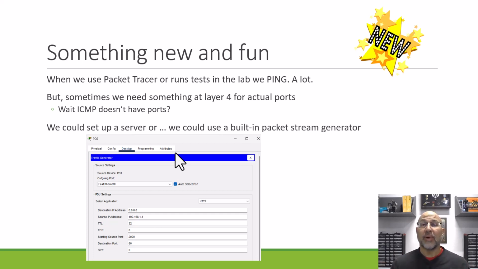We're usually worried about port numbers. And those port numbers are actually going to be what's translated, especially on the inside to the outside. But if you were running a server, then the outside client has to knock on the door on the outside of the NAT box and say, please would you translate this for the server? And that's what we can start to work with when we deal with the packet stream generator.